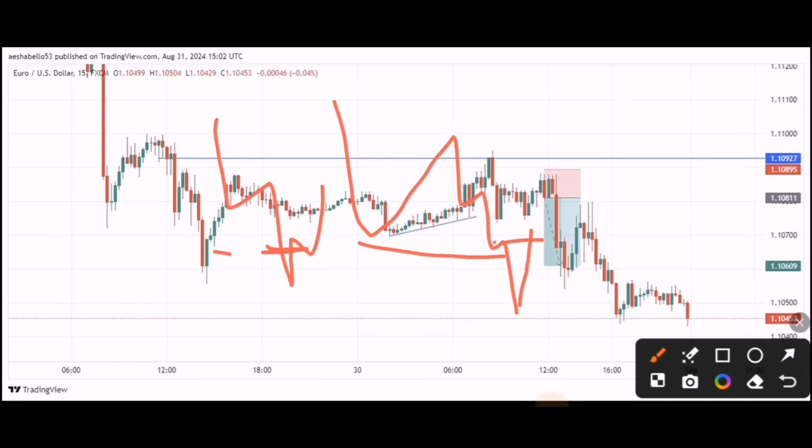This valid pullback here is within this leg, because it happened before breaking this low. Now if the market pulls back and takes this low, remember this high is still valid, right? This is what I now start calling complex or deep fractal, right? Deep complex pullback or deep fractal. I hope you guys can understand the difference between these structures.